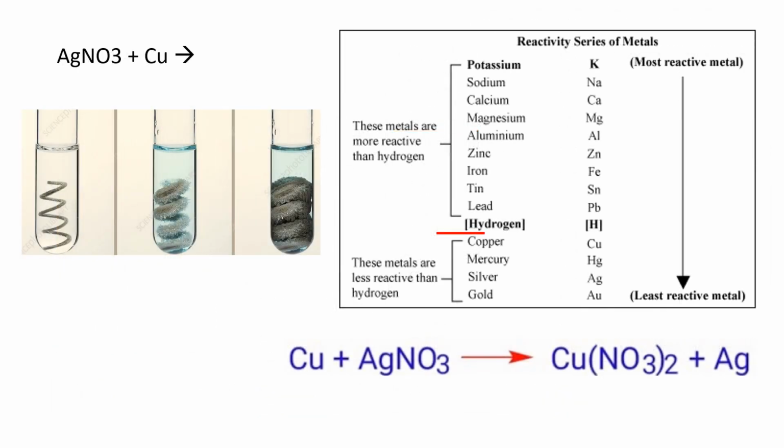Next, this is a very interesting reaction because you are forming something that looked like a Christmas tree. This is silver deposit. Initially, this is your copper wire. This is immersed in silver nitrate solution. Initially, the silver nitrate is colorless. This is the progress of the reaction.